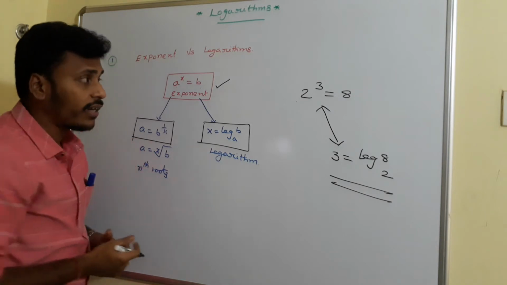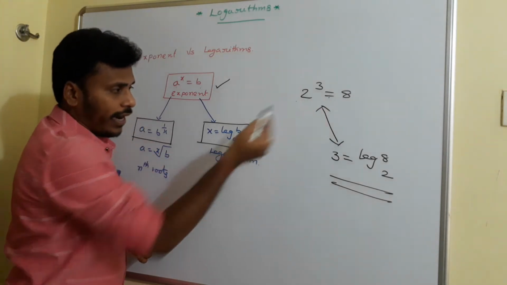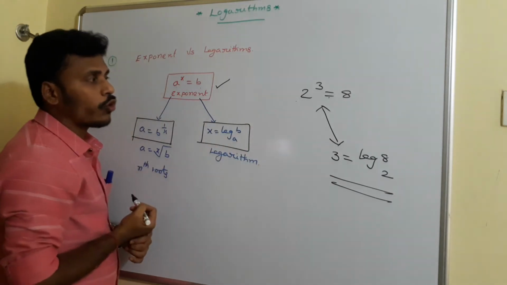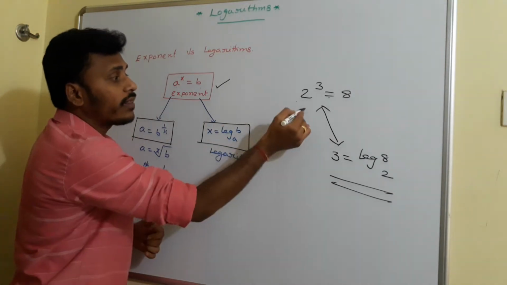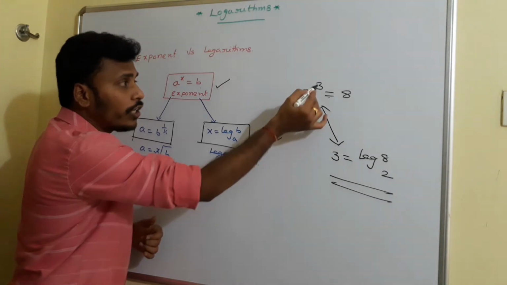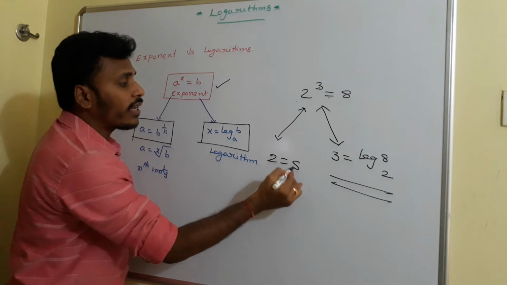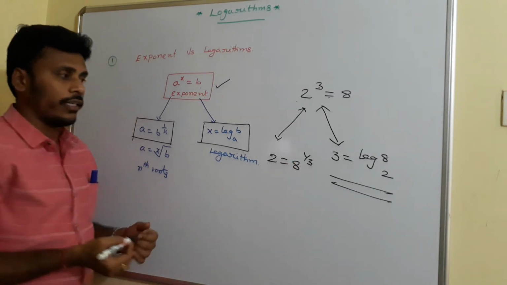And here 8 is equal to 2 power 3. Here 3 is equal to, and one more number 2 is also involved. If you wish to make 2 the subject, you need to send this 3 to that side. Then you can write 2 is equal to 8 power 1 by 3.